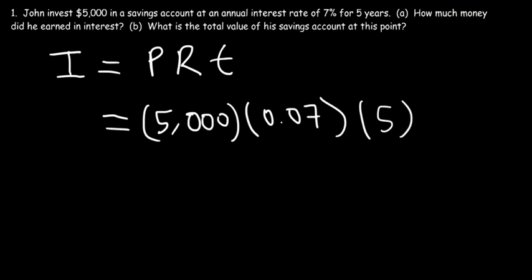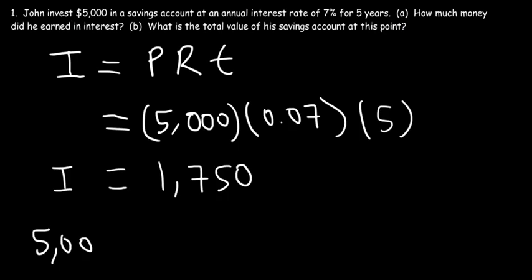So all we got to do is take 5,000 multiplied by 0.07 times 5. So he receives a total of 1,750 in simple interest. Now part B. What is the total value of his savings account at this point? So keep in mind, he initially put in 5,000 and his account was credited with 1,750 in interest.